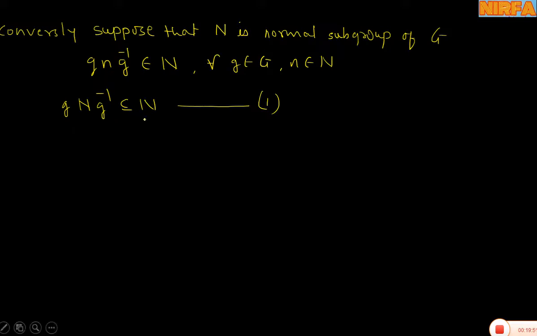So first what we have proved is that g N g inverse is a subset of capital N. Now we only have to show that N is a subset of g N g inverse. So whatever we want to show, I am putting here in the form of a claim. The claim is to show that N is a subset of g N g inverse. We want to show this now.